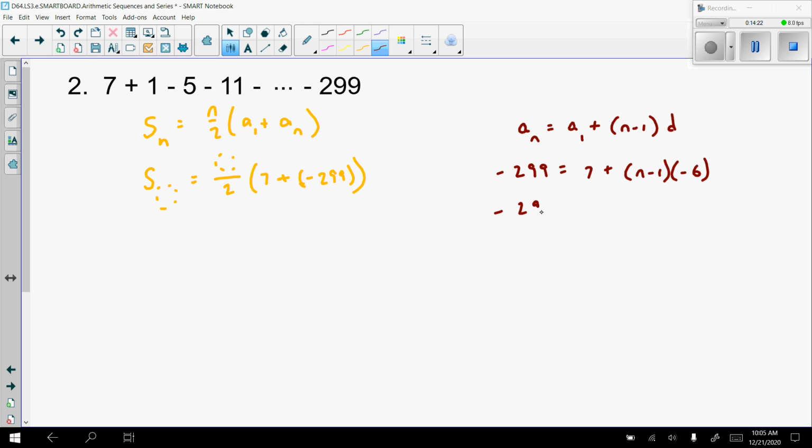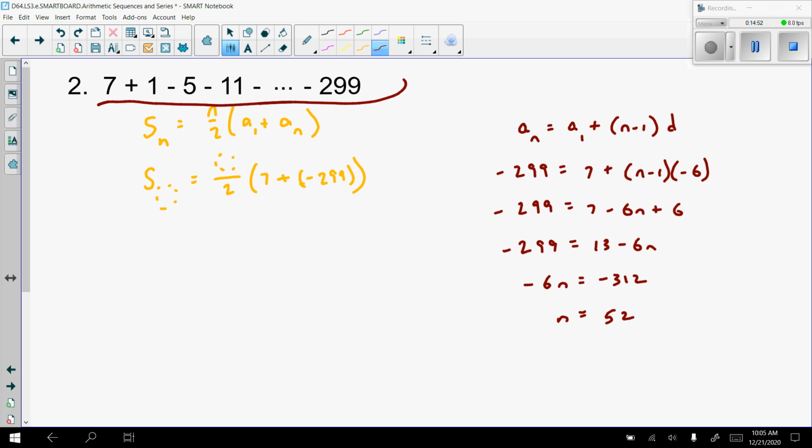So negative 299 equals 7 minus 6n plus 6. And let's see, negative 299 equals 13 minus 6n. Negative 6n equals negative 312, and that means n will be 52. So that tells me there are 52 terms in total here.